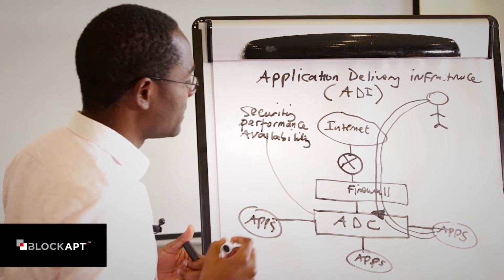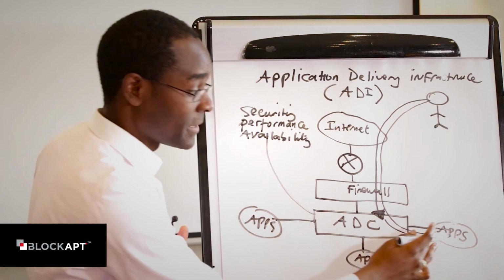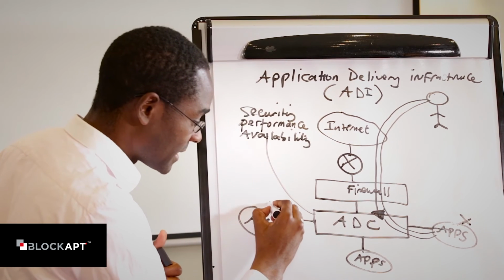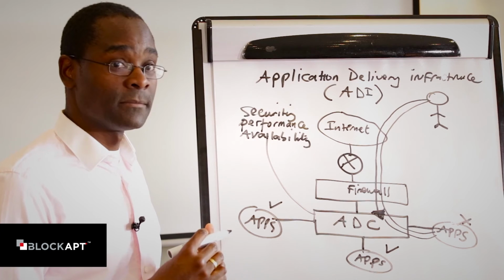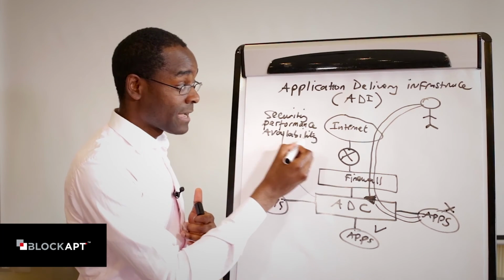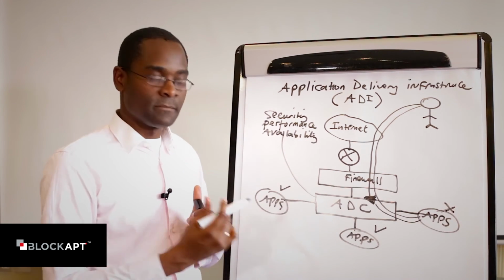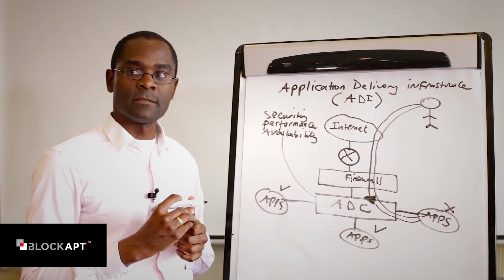That is the ability for the ADC to detect if a specific application has gone down, and then redirect traffic to where the applications are still available. Essentially, we're ensuring availability by making sure that if a specific app goes down, the transaction is going to flow through via the other system.